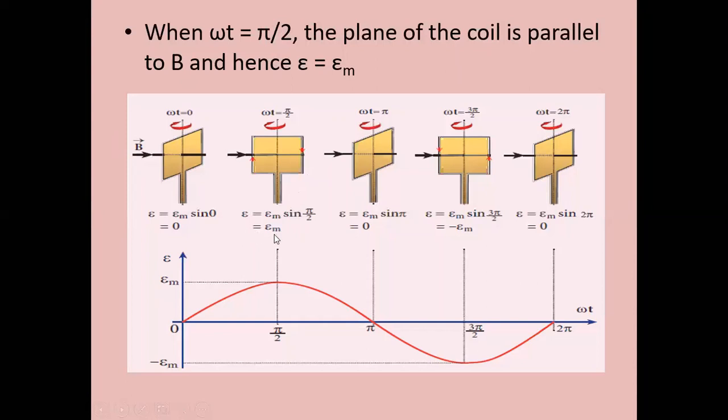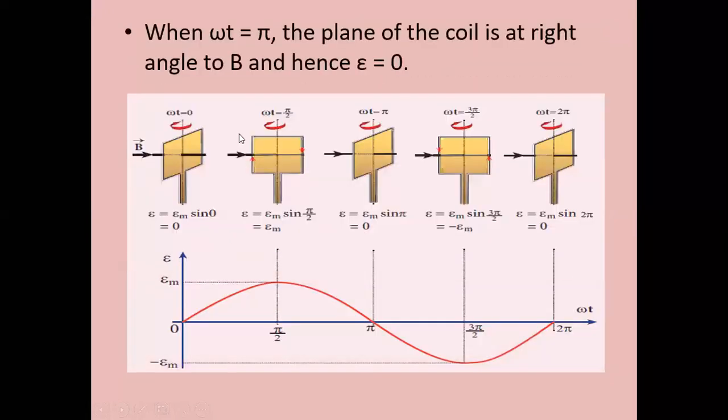So epsilon is equal to epsilon m. So now we can mark the graph. Epsilon has a value of epsilon m at ωt equal to π/2, which is the maximum value. So this is the epsilon m value, and we are drawing the graph from here to here.